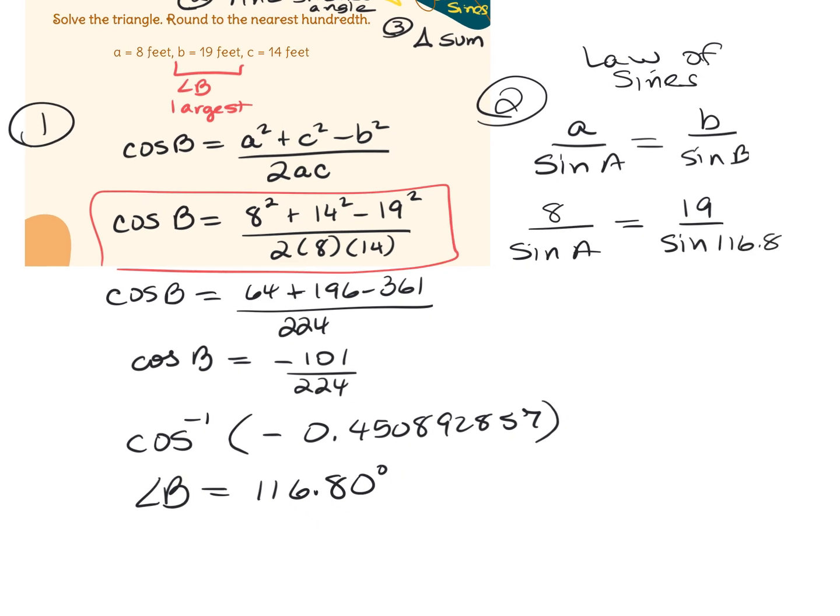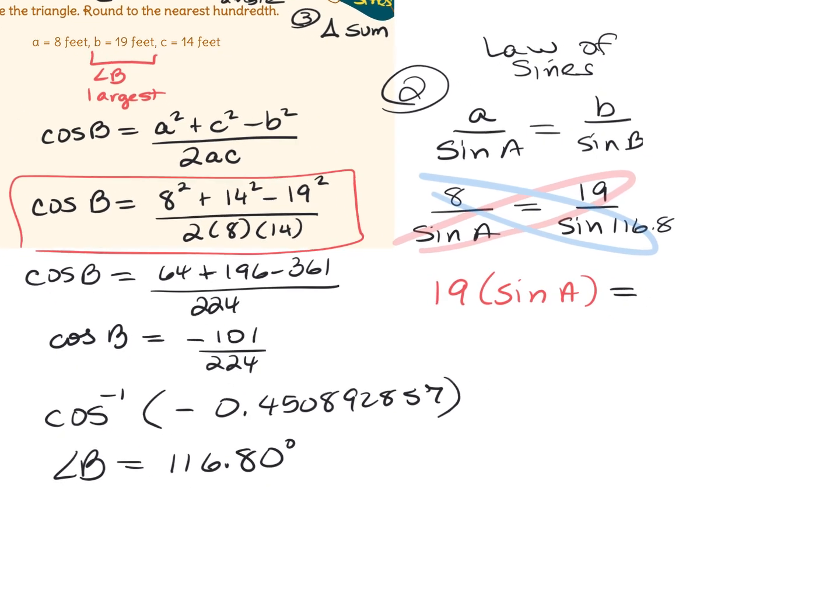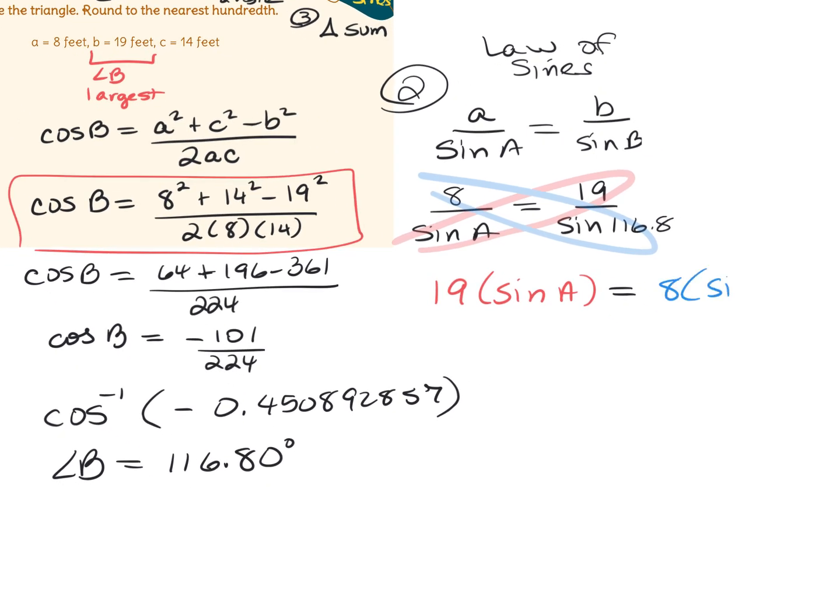Multiply now. So I'm going to do the cross products. I multiply sine of A times 19, and 8 times the sine of 116.8. So I get 19 times the sine of A is equal to 8 times the sine of 116.8.